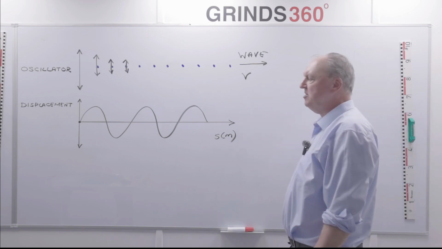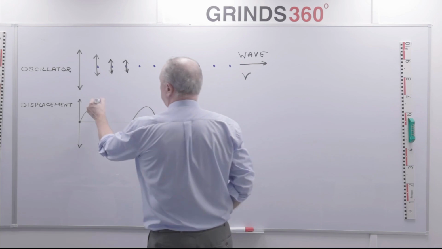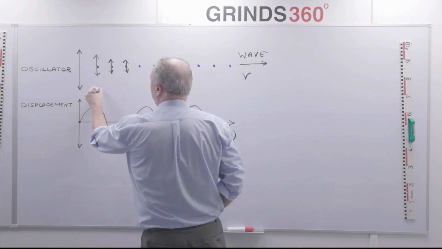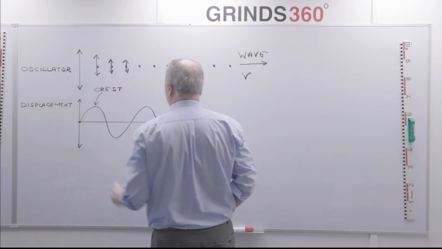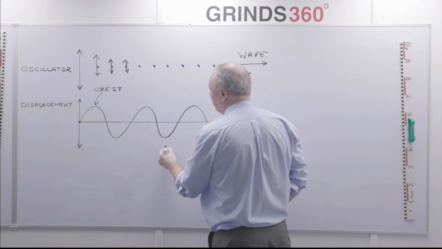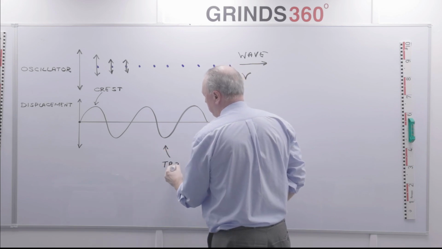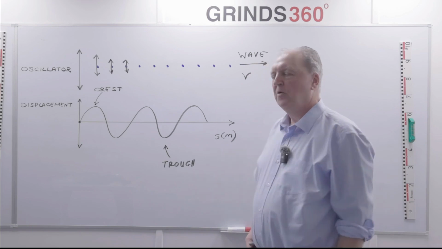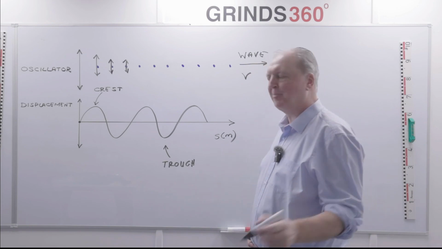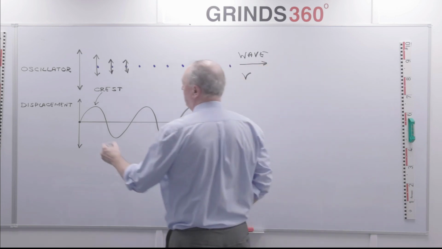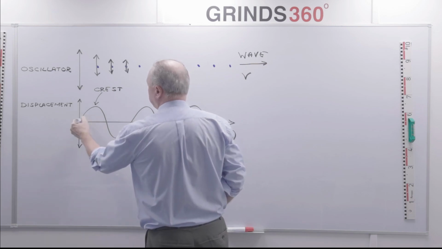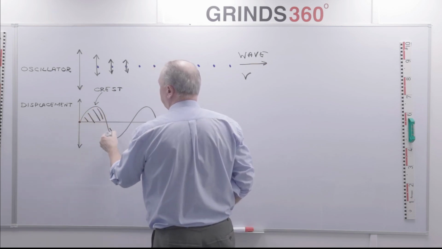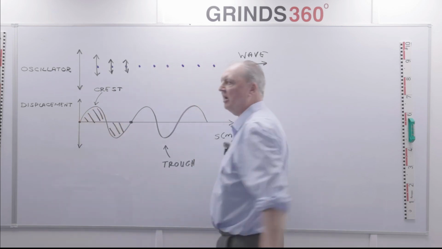You know this already. The high point in a wave is called the crest. And the low point in a wave is called the trough. What's one full wave? You know from the previous part of the lesson what one full wave is. Starting here, I go up, and then I go down, and I come back to my starting position.